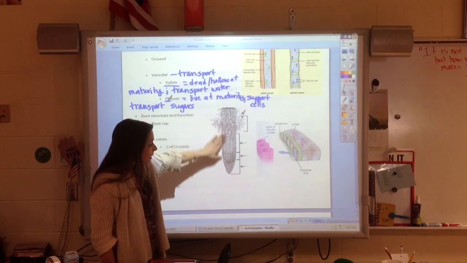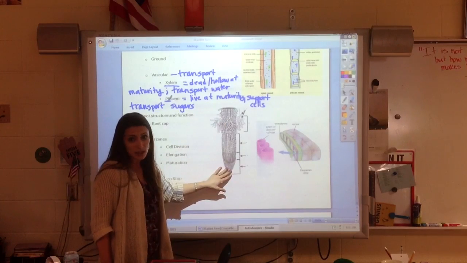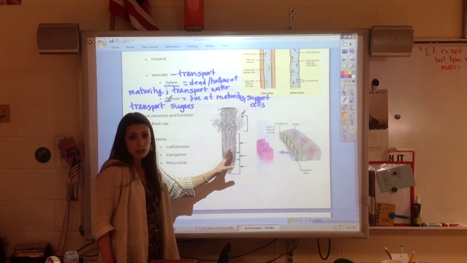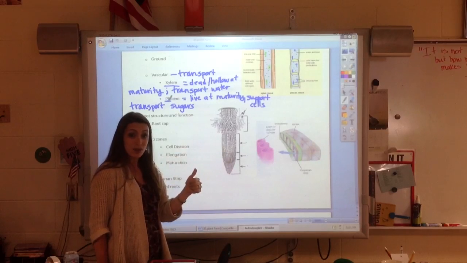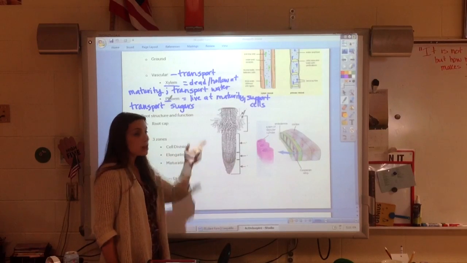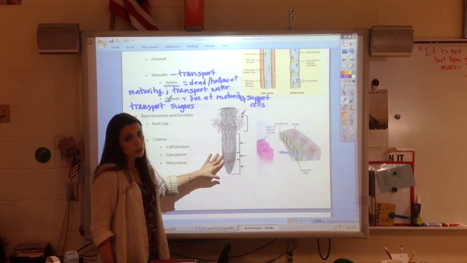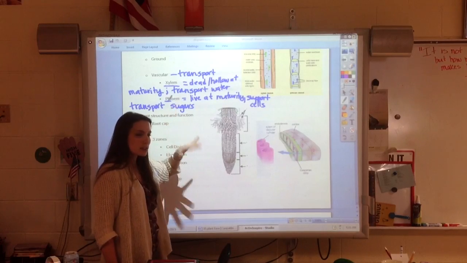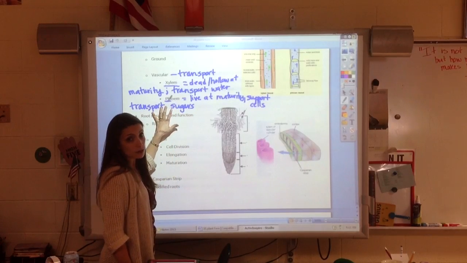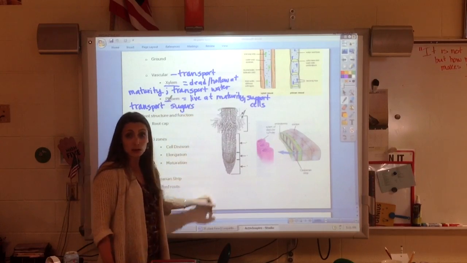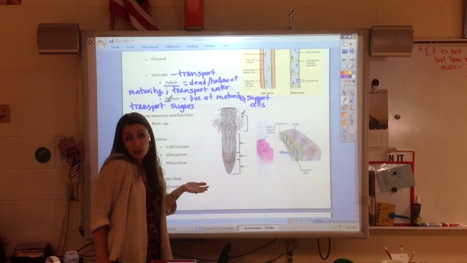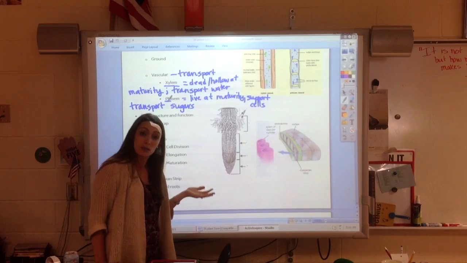Keep in mind, if we're looking at the roots of the plant, they get no sun. So there is no photosynthesis going on here, no light-dependent reactions, no Calvin cycle. That is not happening in the roots. So the leaves and part of the stem are responsible for doing the photosynthesis and then sending those sugars or building blocks, because we might use it to build cellulose, we might use it to build starch.